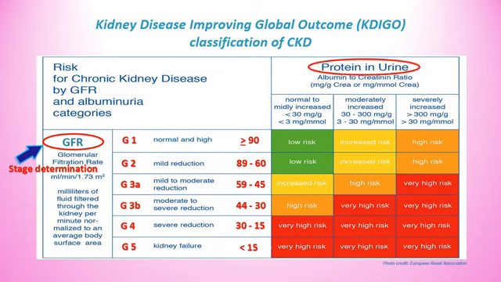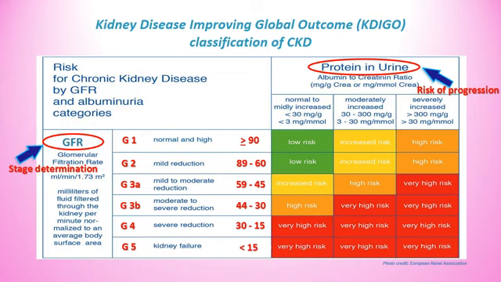Now come to the right side, protein in urine, albumin creatinine ratio. It helps in determining risk of progression of any CKD patient in any stage. Depending upon the albumin creatinine ratio, it is divided into three columns. Less than 30 is the first column, 30 to 300 the middle column, more than 300 the third column.